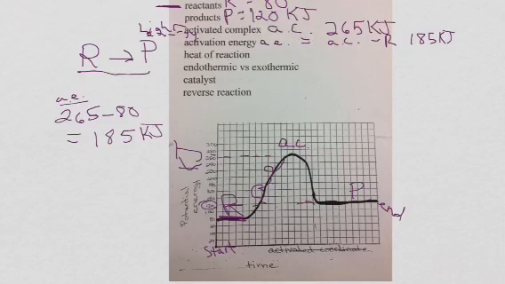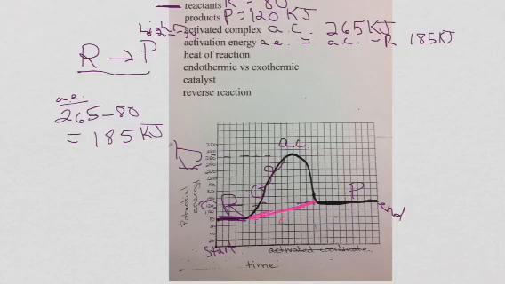The heat of the reaction is the difference between how much energy it has at the very beginning and how much energy it has at the very end. So there isn't really a line on here, but we can draw a line showing that part. It would be this part here. I made it in fluorescent pink so you could see it.